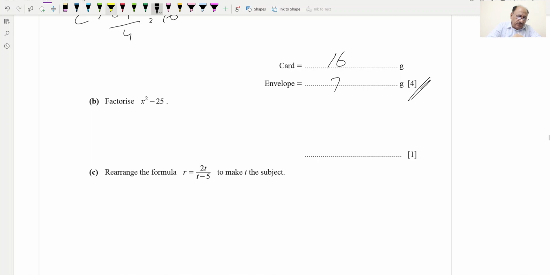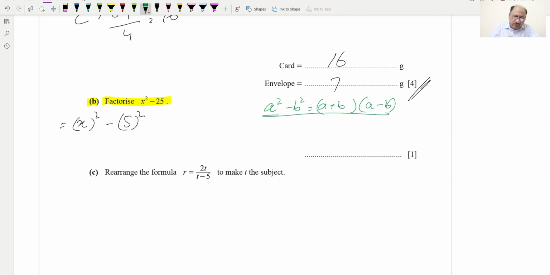Now the next part, B part, factorize. We need to factorize this. For factorization we can rewrite x squared minus 25 as x squared minus 5 squared, and we know the formula a squared minus b squared is equal to a plus b into a minus b.